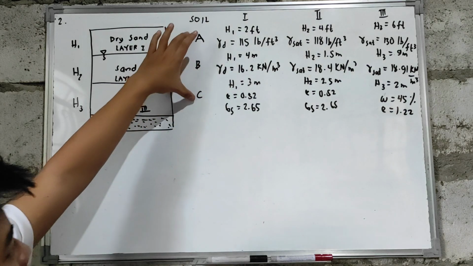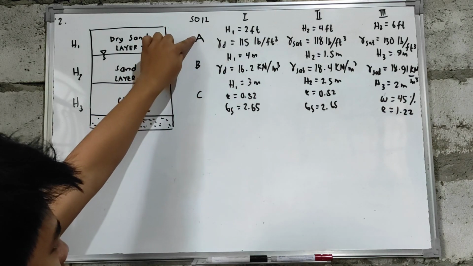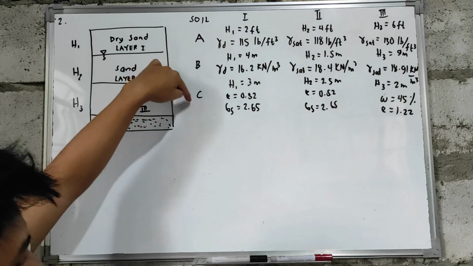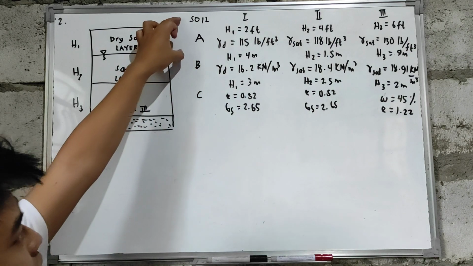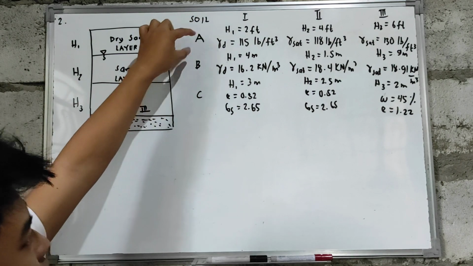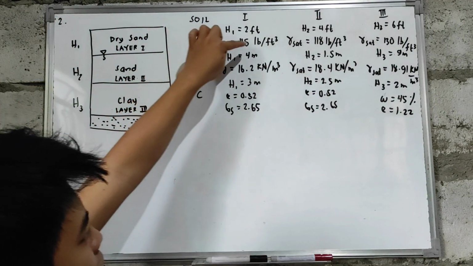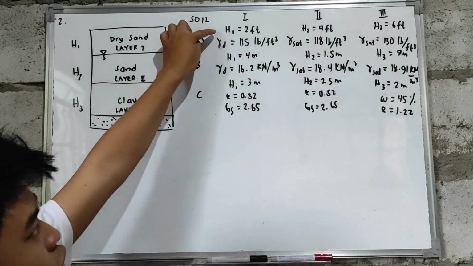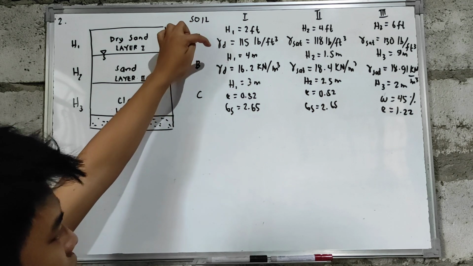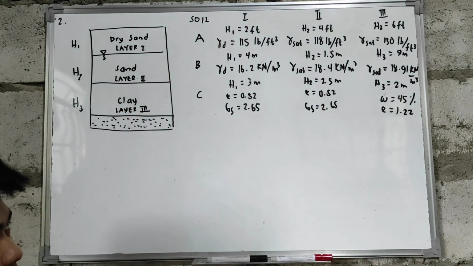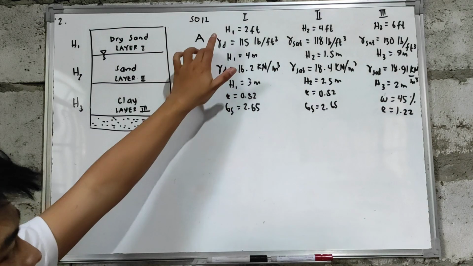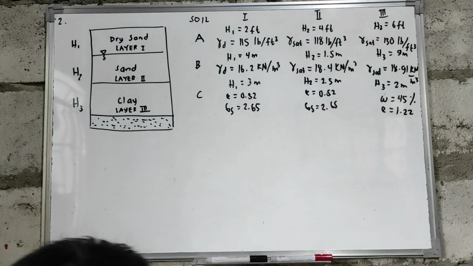So for this, meron tayong soil stratum A, B, at saka C. So sa kada soil profile natin, sa kada layer, nag-iiba yung mga values natin. So nag-iiba yung values ng H1, H2, at saka H3 and its respective unit weights.